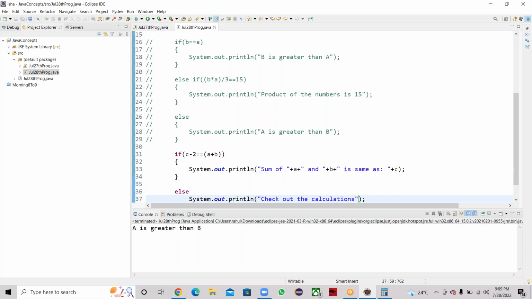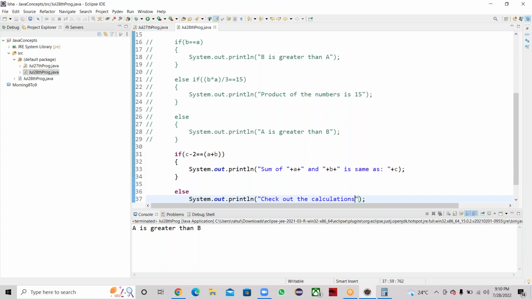So what will be the output of this program? If C minus 2. The sum of A and B is the same. The sum of 3 and 5 is the same as 8.